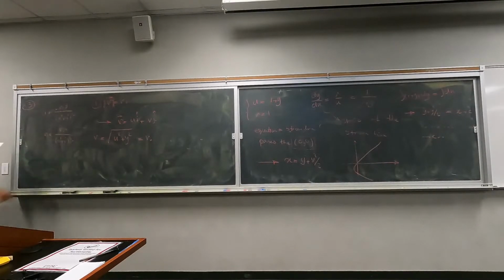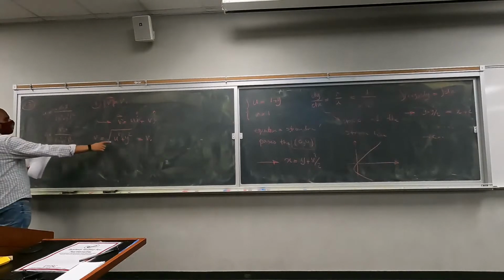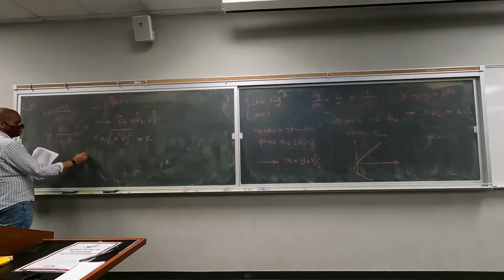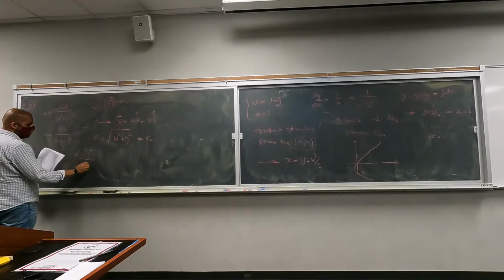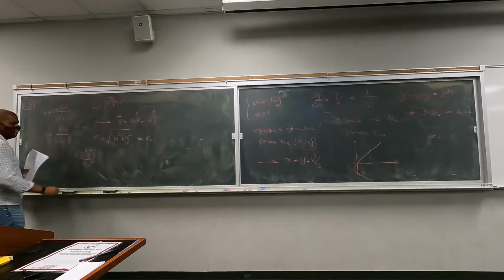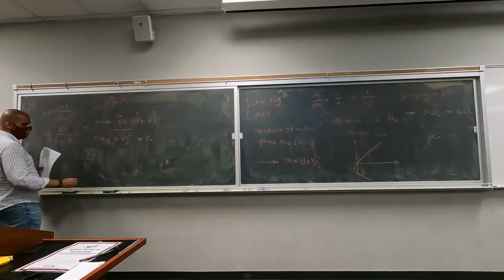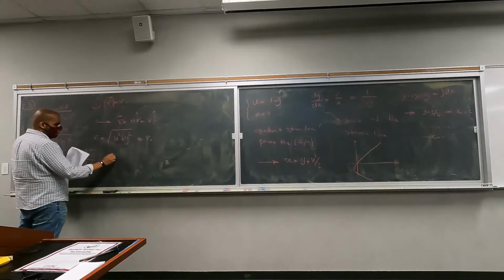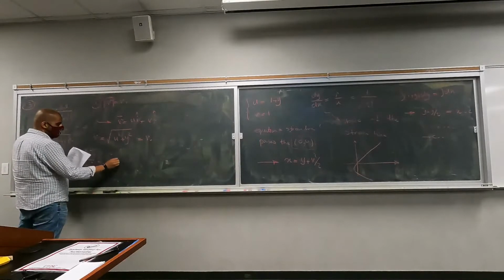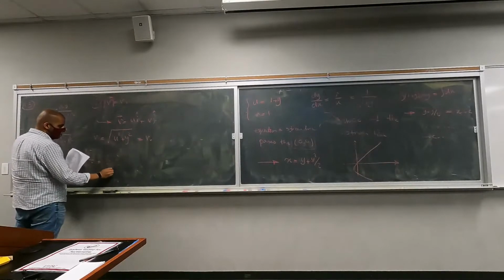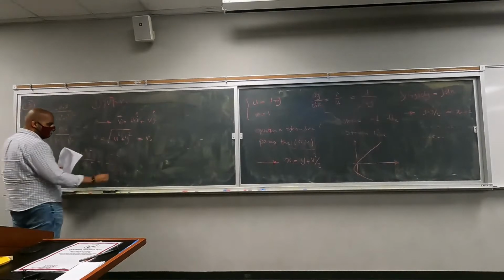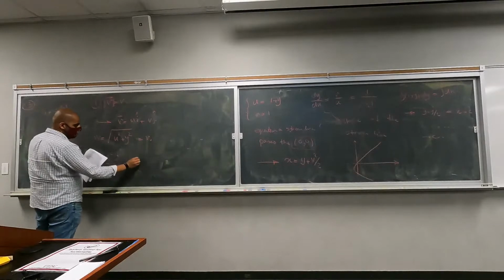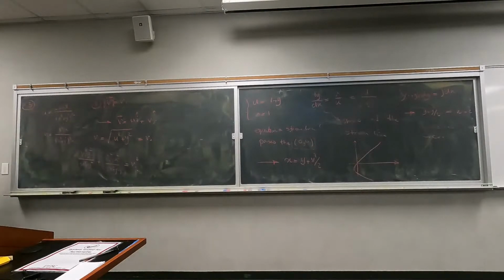So let's plug in these two components and see what we get. u squared is going to be V naught squared y squared divided by x squared plus y squared, and then we have V naught squared x squared divided by x squared plus y squared. And this has to be equal to V naught squared.